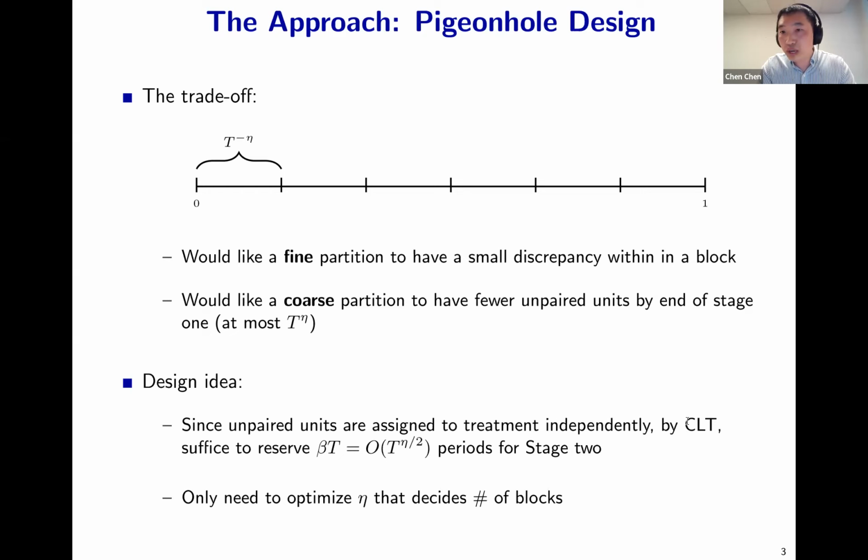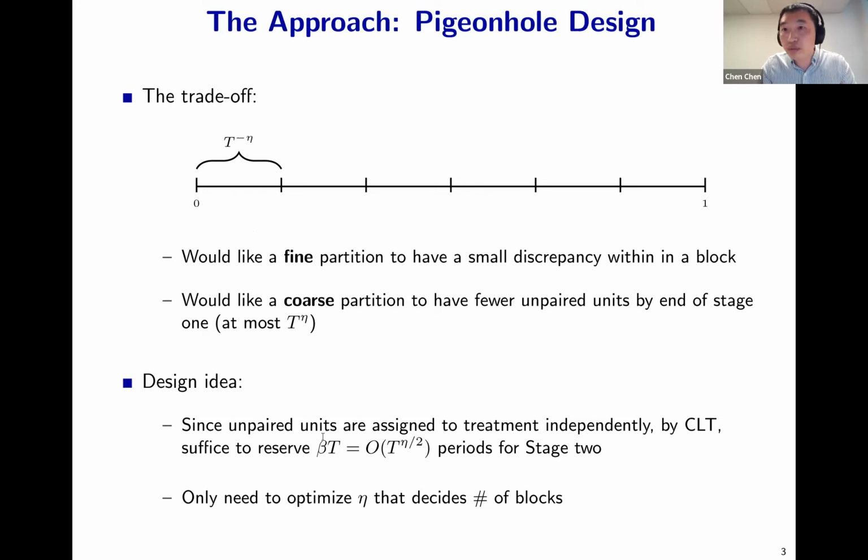And then by the central limit theorem, by the end of stage 1, the size of the treatment group and the control group only differ by at most the order of square root of the number of blocks. And so we need to reserve beta times t period equal to this amount so that we can make sure we have a balanced partition.